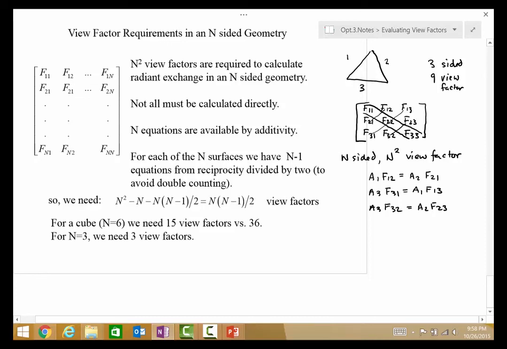In general, reciprocity for an n-sided enclosure means, let's look at the number of equations: n squared is the total number of terms, but we get rid of n of those because those are the diagonal terms, and we divide by 2. So we have (n squared minus n) over 2 equations provided by reciprocity.